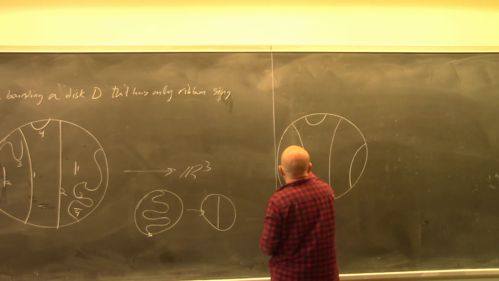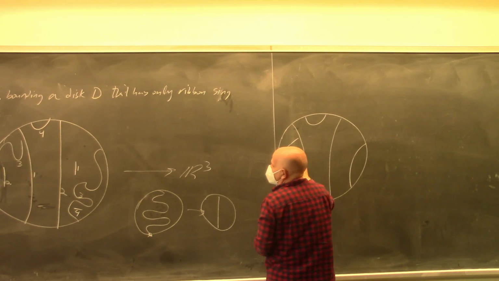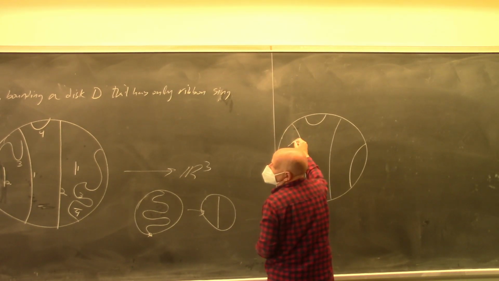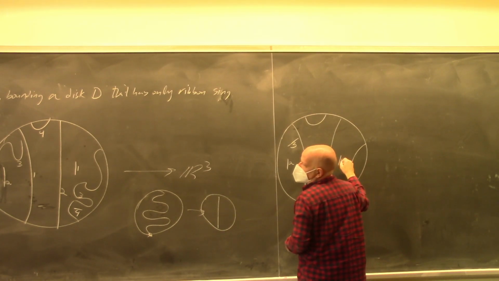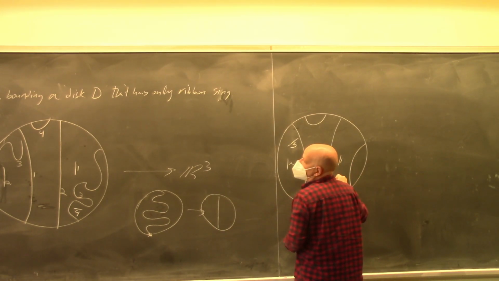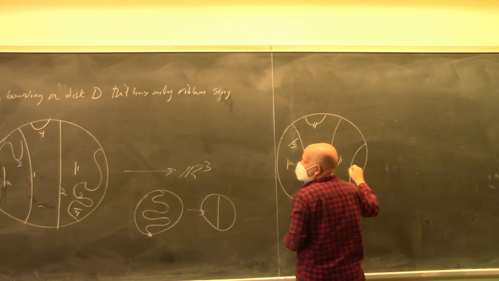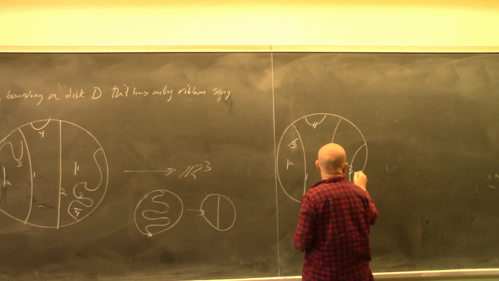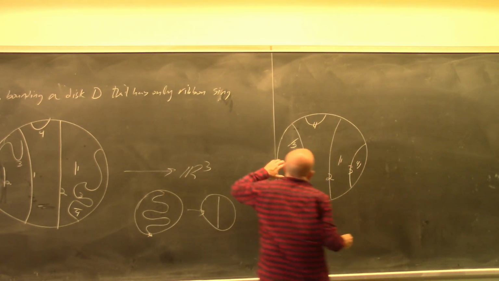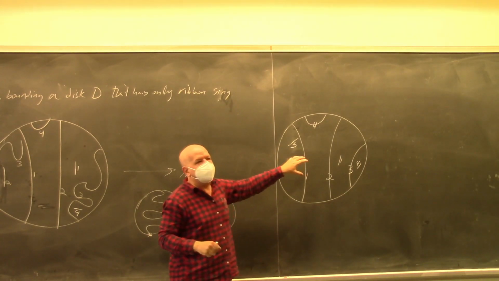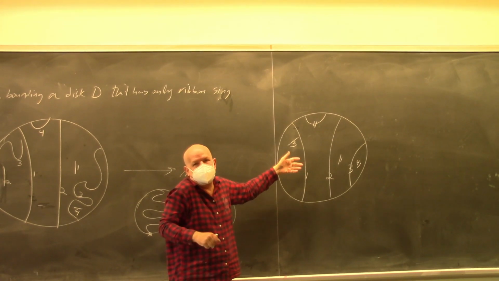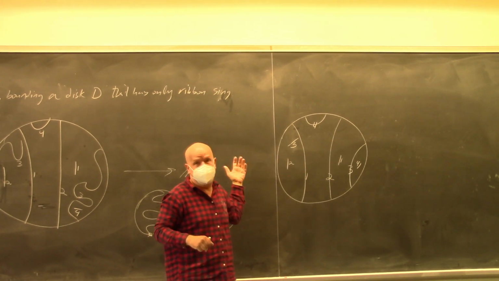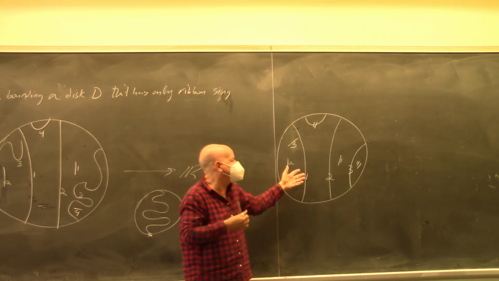So, this is 2, this is 3, this is 1, this is 1, 2, 4, 3, and 4 is here. The only reason I'm doing it is because it's easier to see. Topologically, it makes no difference. It's the same.